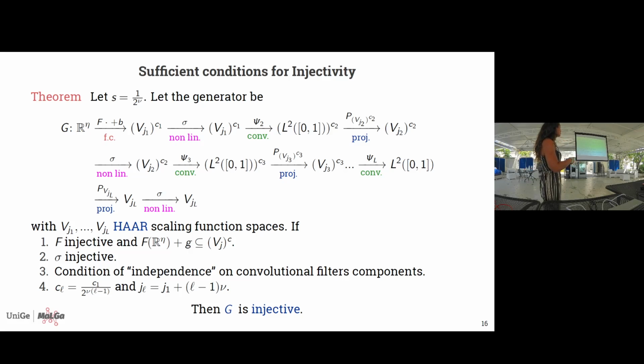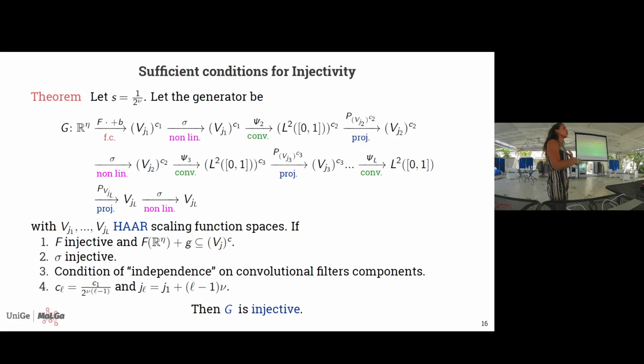The first condition is a condition on a fully connected layer, and we ensure that the fully connected layer is injective. Then we impose that this sigma is injective, and these conditions 3 and 4 are the real difficult conditions, because we have to find some condition on the filters to have the injectivity of the convolution followed by the projection.